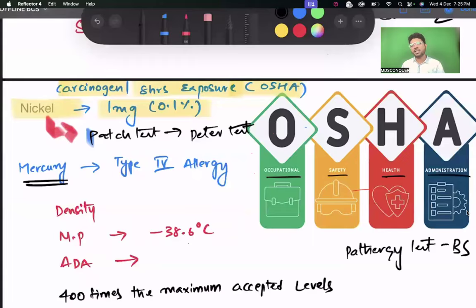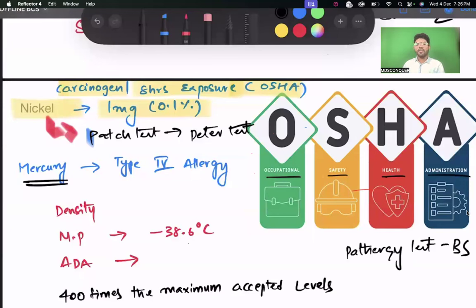Yes, it is 1:1000 IM. Adrenaline is the drug of choice for anaphylaxis. Very nice. So type 4 are the most common in dentistry. In some cases, you see type 1 also, which are very dangerous. Mercury and amalgam allergy is type 4 allergy.